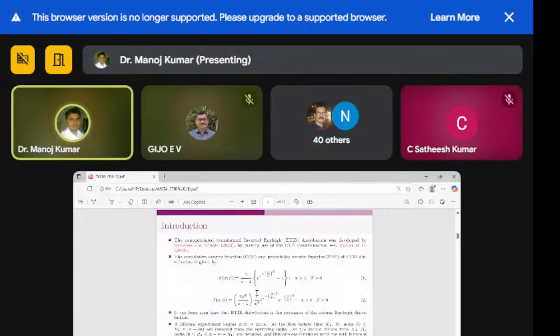The inverted Rayleigh distribution units are beyond the control of the experiment. At the second failure, the unit is similarly removed from the experiment, and this procedure continues until the doctor decides to get the 50%, and then he has to terminate the experiment.